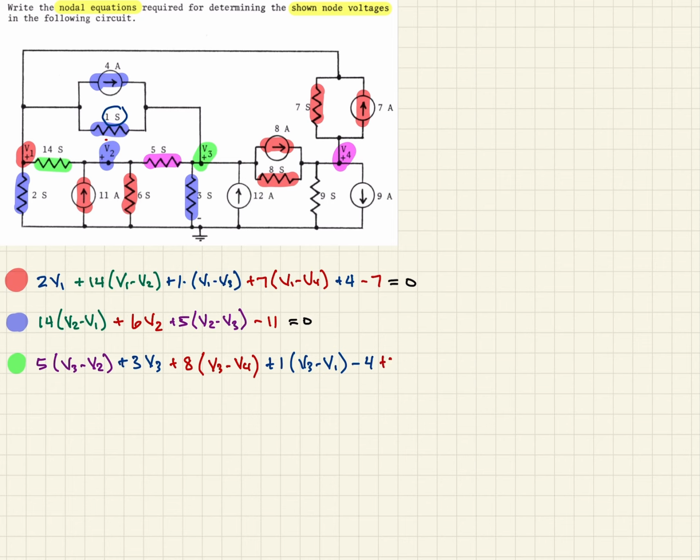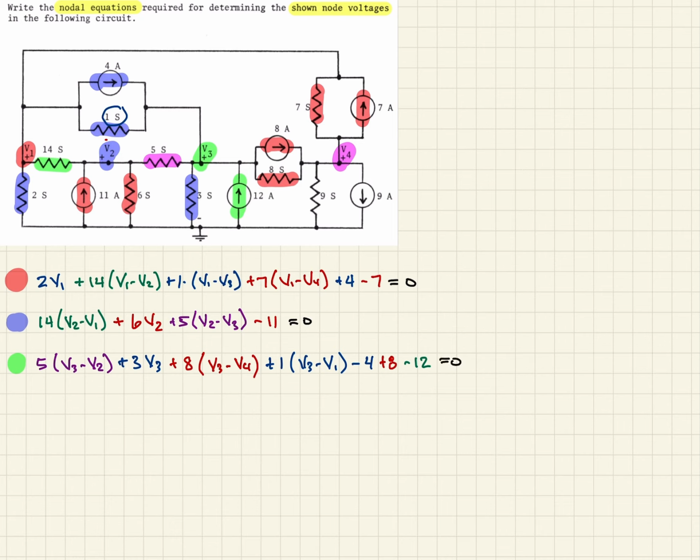So that's plus 8. And then finally we have the 12. And the 12 is entering our node, so it's negative, so minus 12. And 1, 2, 3 current sources is all I see coming in and out of that node. And we've caught all the resistors, so therefore this should equal 0.